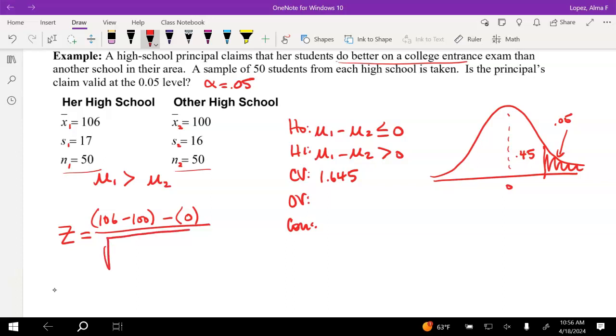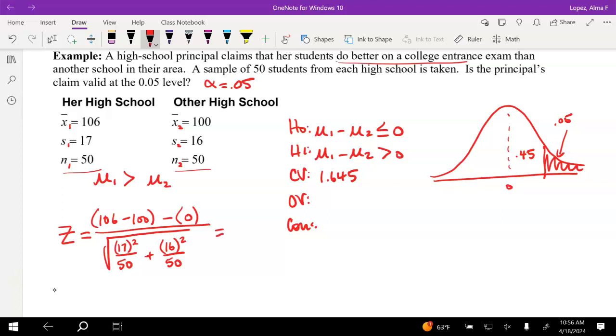All of that is going to be over, let's see, they gave me the standard deviation, so I'm going to square it to make it the variance, over n sub 1, plus, I need sigma squared again. They gave me just a standard deviation, so I'm going to square it myself. It will depend. If they gave you variance, you just put the number in. If they gave you standard deviation, you square it.